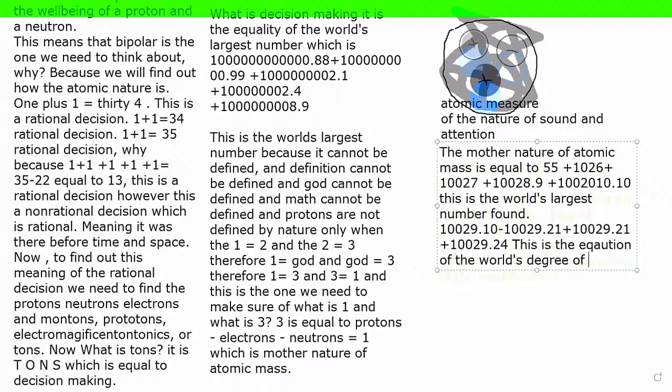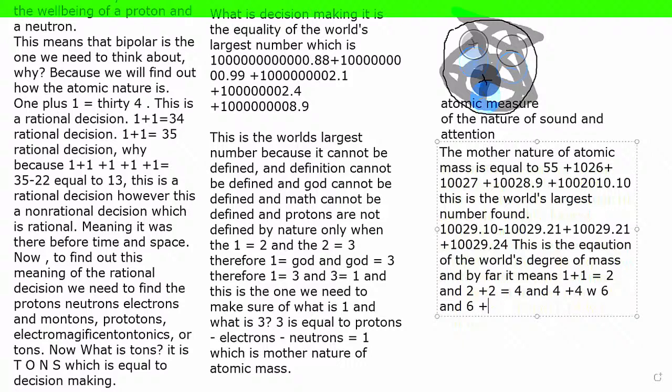degree of mass, and by far it means 1 plus 1 is equal to 2, and 2 plus 2 is equal to 4, and 4 plus 4 is equal to 6, and 6 plus 6 is equal to 7, and 7 plus 7 is equal to 8, and 8 plus 8 is equal to 9.